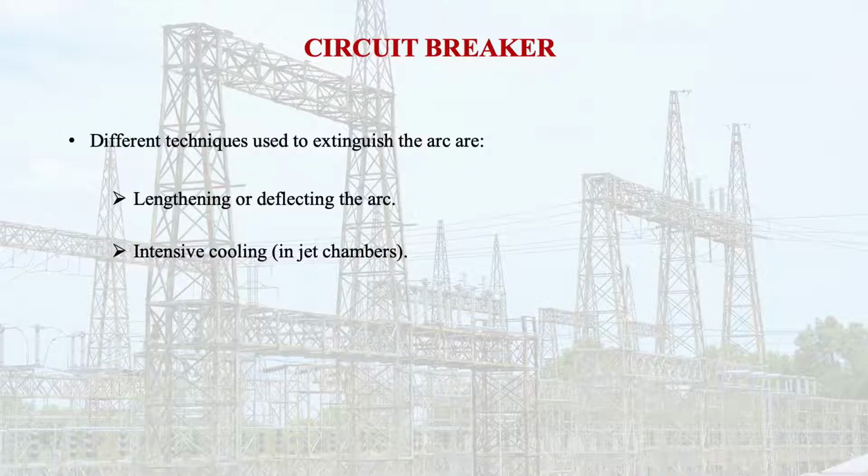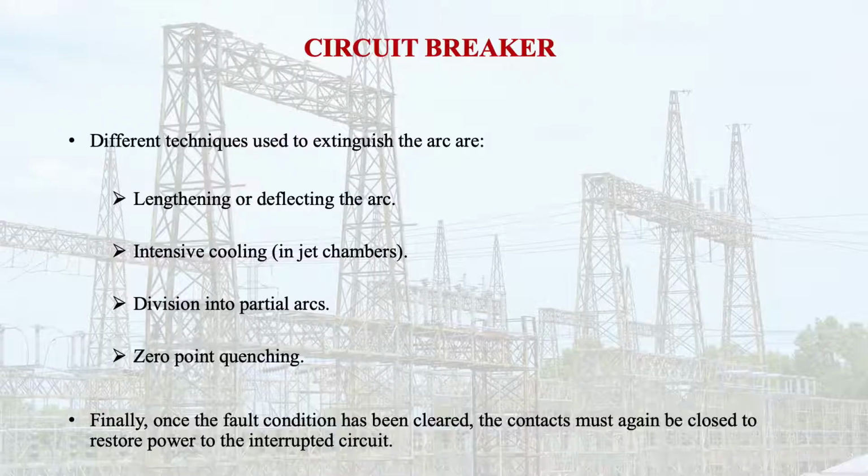By lengthening the arc, it will be easy to extinguish it. Then intensive cooling in jet chambers, division into partial arcs, and zero point quenching in the AC wave. Zero crossing occurs twice per cycle of the line frequency, like 100 times per second for 50 Hertz AC. So zero point quenching is also possible.